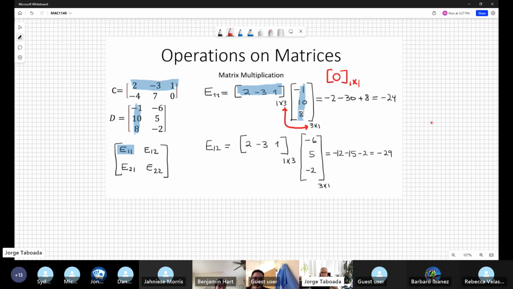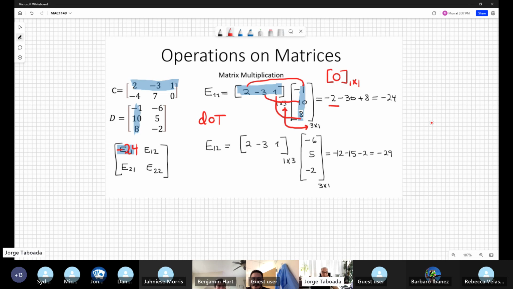Doing a dot product, very similar to what we studied in trigonometry. You multiply 2 times -1, which is -2. You multiply the first component, the second component is -30, and the last component is 8. Together it is -24. So this number is -24.